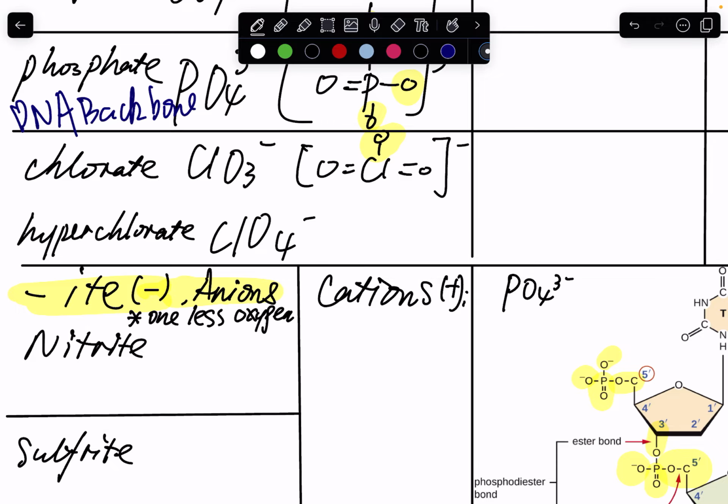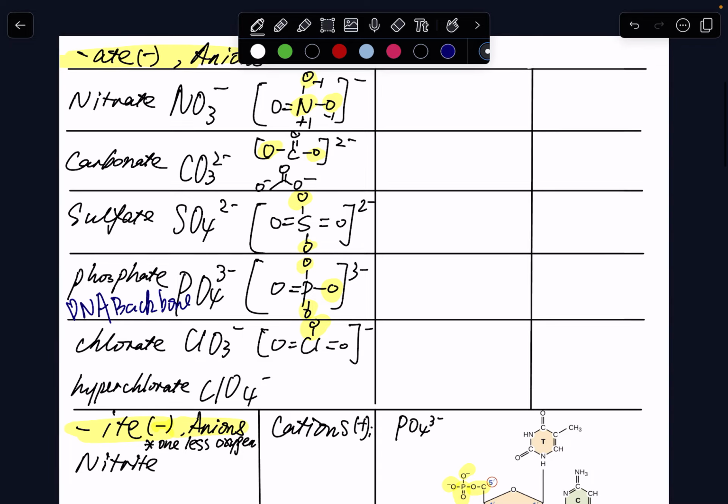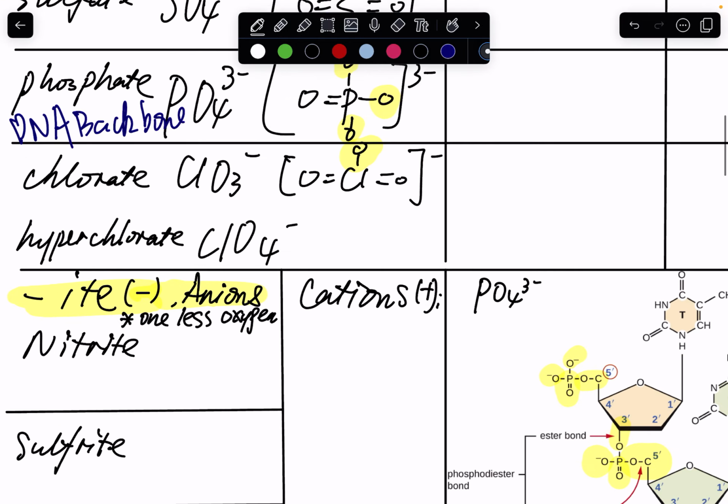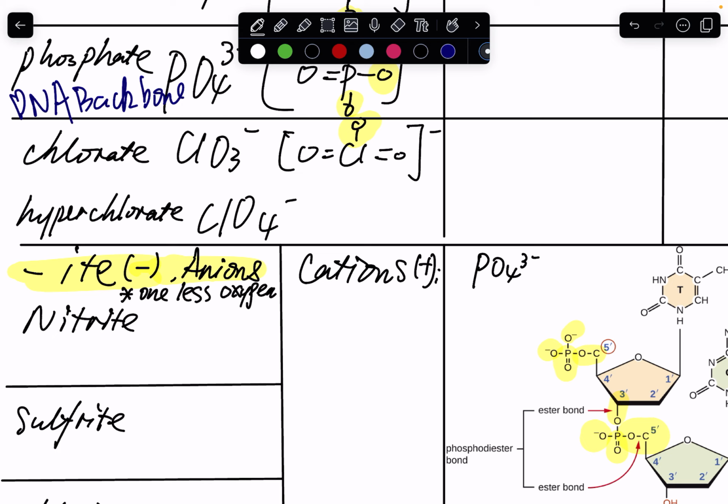So nitrate, how many oxygens does nitrate have? Nitrate has 3 oxygens, which means nitrite will have how many? 2 oxygens, right? So it's NO2 minus. The Lewis structure will be something like that, and this oxygen is causing the negative charge, okay?